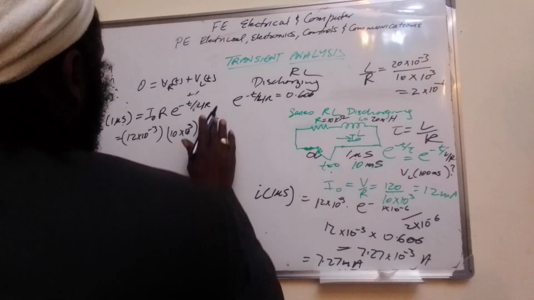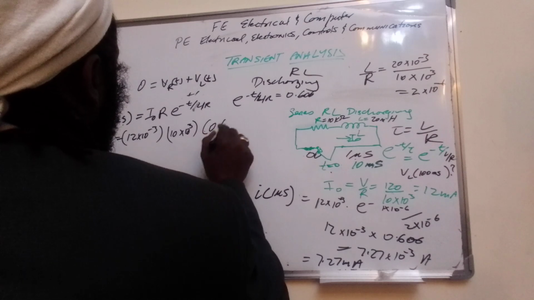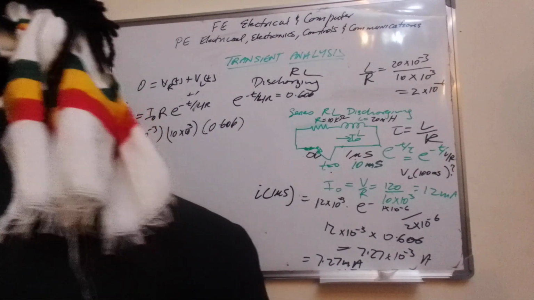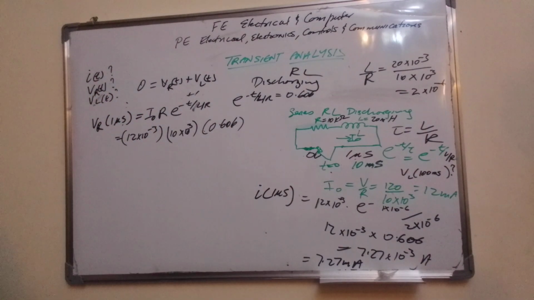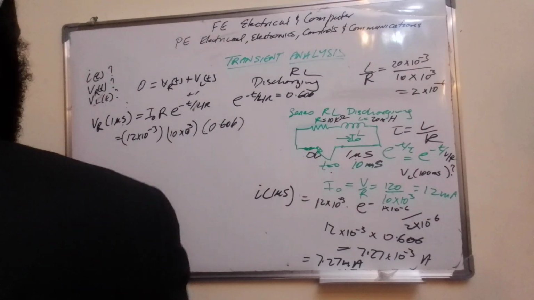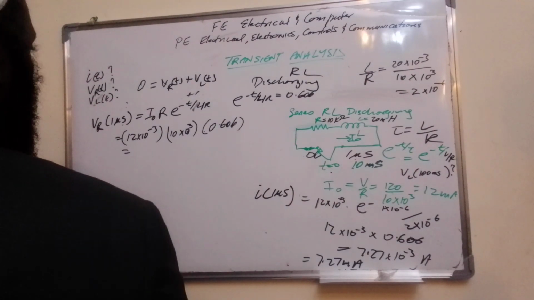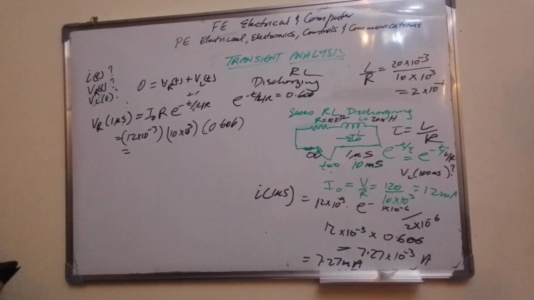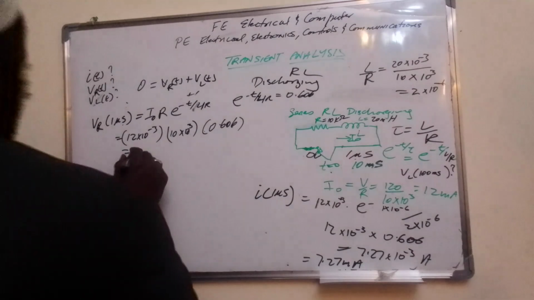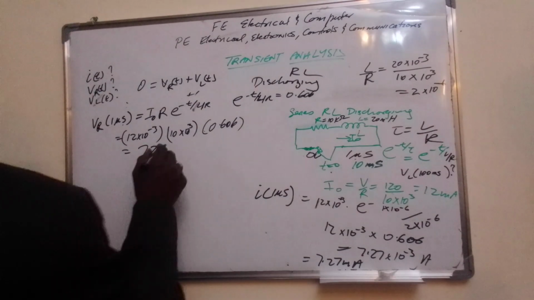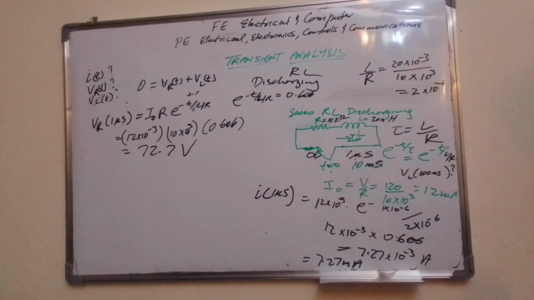So we could just substitute that 0.606 right here, correct? So now you have VR is equal to 12 times 10, which is 120, so 12 times 10 times 0.606, right? That's 7.2 times 10. So that's equal to 72.7 volts, right?